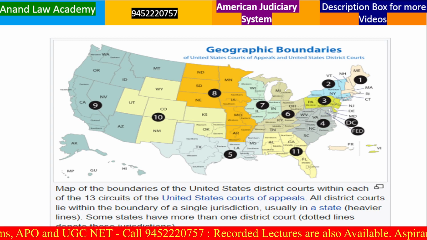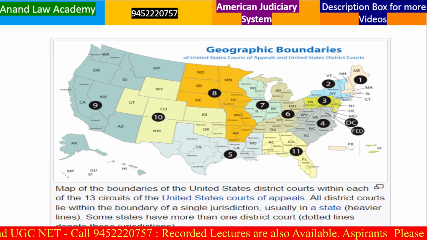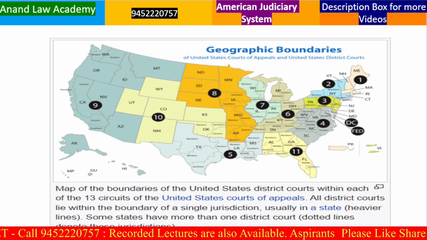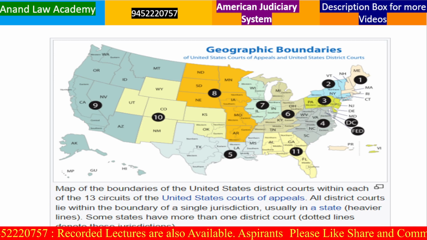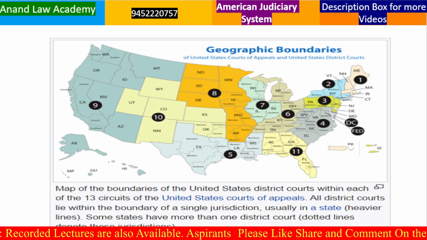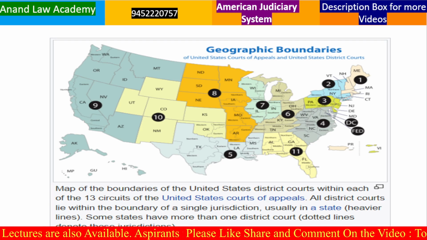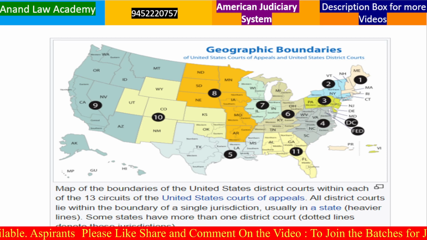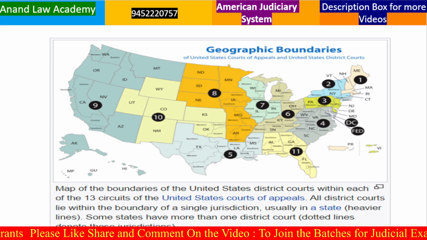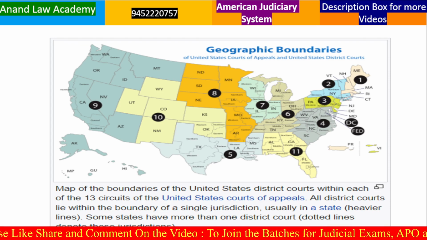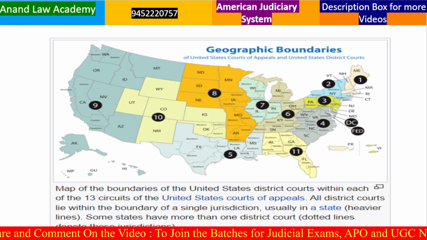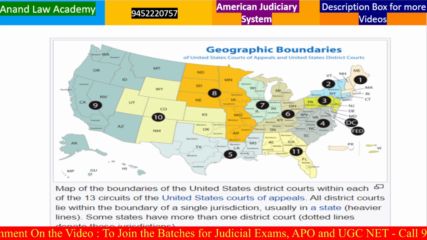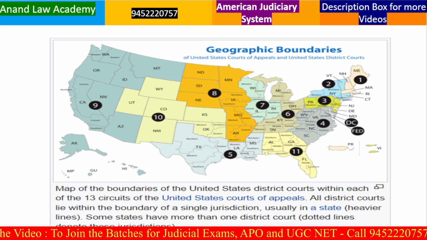As you can see on slide number 2, the geographical boundaries of the United States Courts of Appeals and the United States District Courts. The states colored in a single color are the districts, and there are 13 numbered circuit courts. Fine, you can take a screenshot of this image.